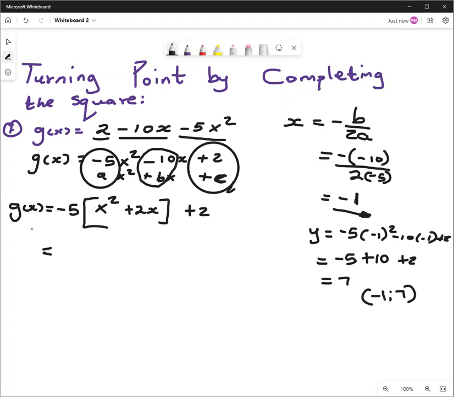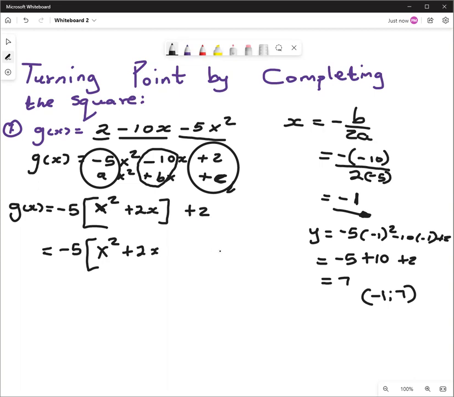You didn't change anything, basically. But you always need to have this as a positive x squared. Now, ladies and gents, you take your b. Let me just rewrite everything. So I have minus 5, and then I have x squared plus 2x.